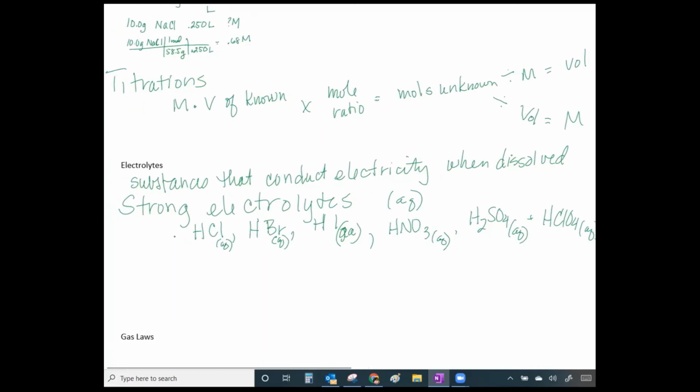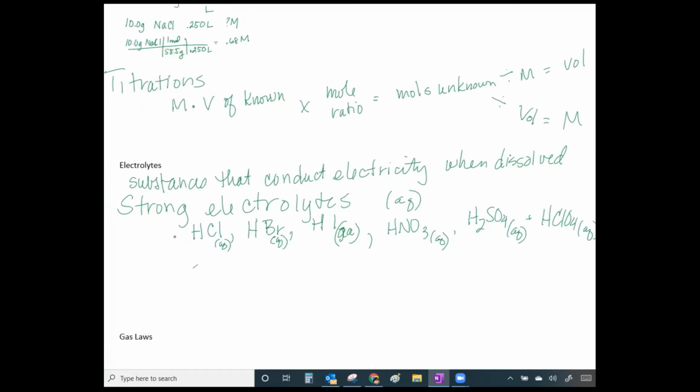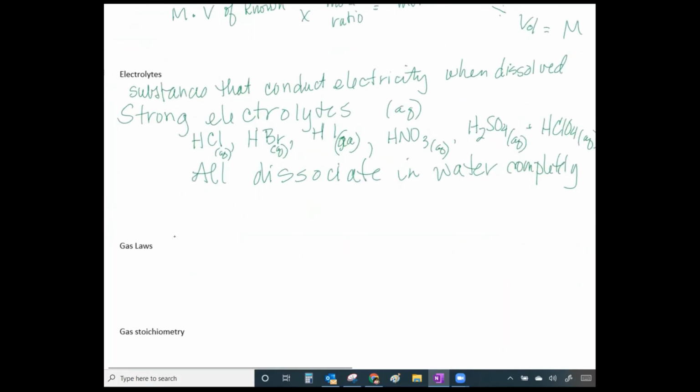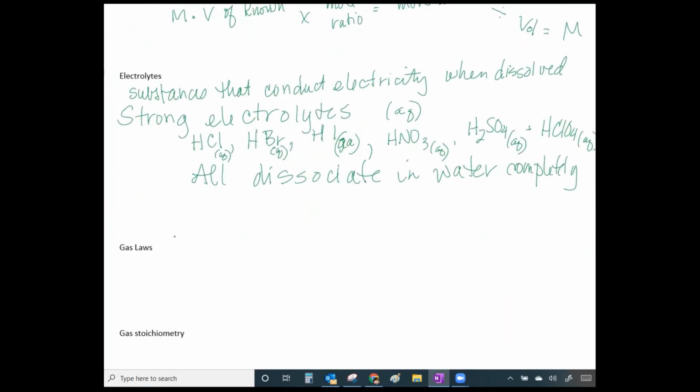And the reason they are strong electrolytes is they all dissociate. Okay? A weak electrolyte is something that dissociates a little bit.